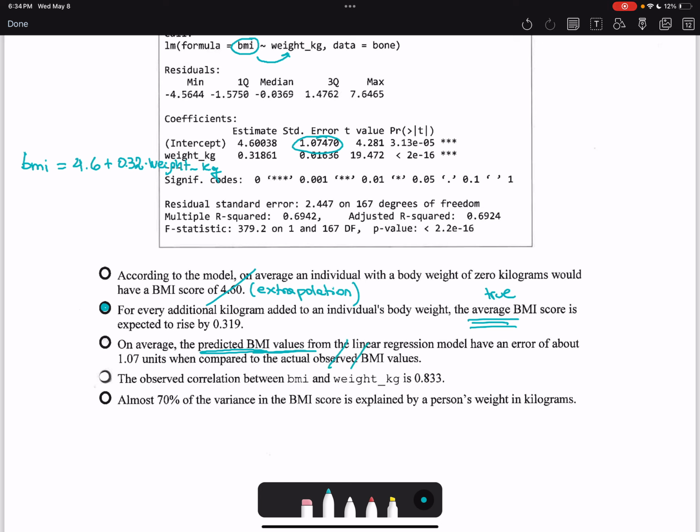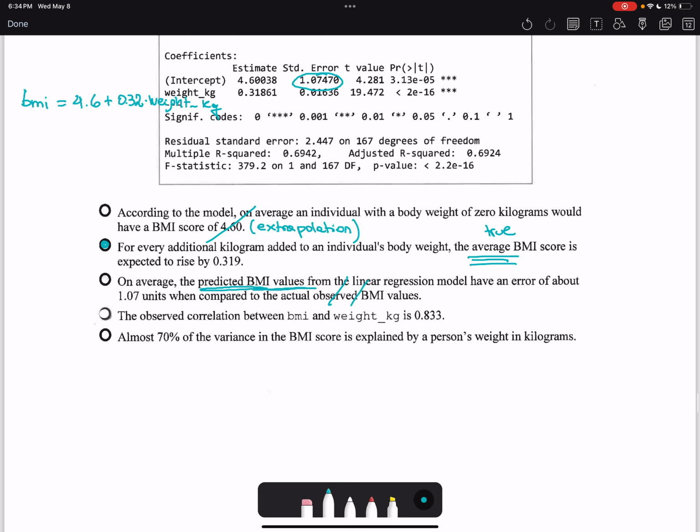The observed correlation between BMI and weight is 0.833. Well, to know the correlation, you would have to take the square root of your R squared if you have a simple linear regression. Which would be what? Would be the square root of 0.6942.